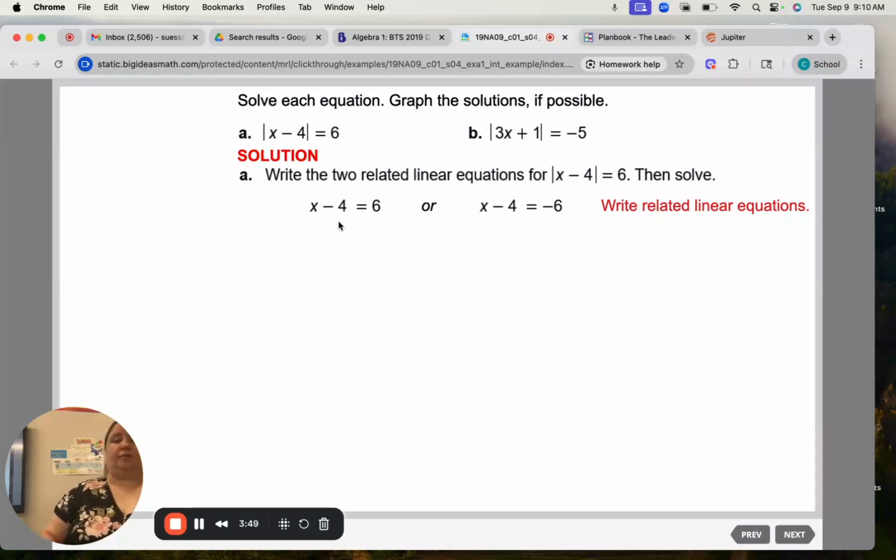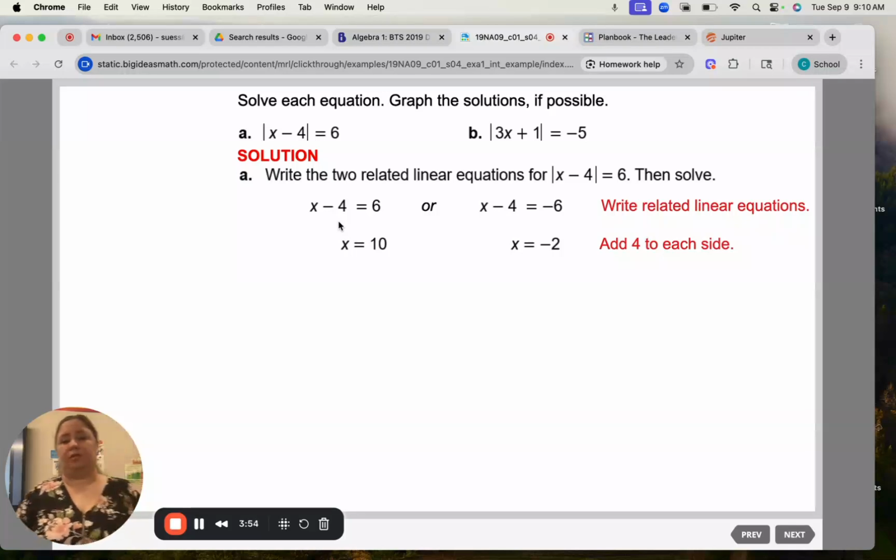Yeah, we're going to add 4. So 6 plus 4 is 10. And then negative 6 plus 4 is negative 2. So then you have 2 potential solutions for this absolute value equation. X could either equal 10 or x could equal negative 2.